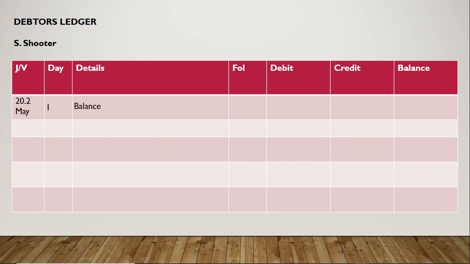S Shooter, guys, at the beginning was owing us 600 rand, but we received money which was 570. So when we receive money, his account will decrease on the credit side.